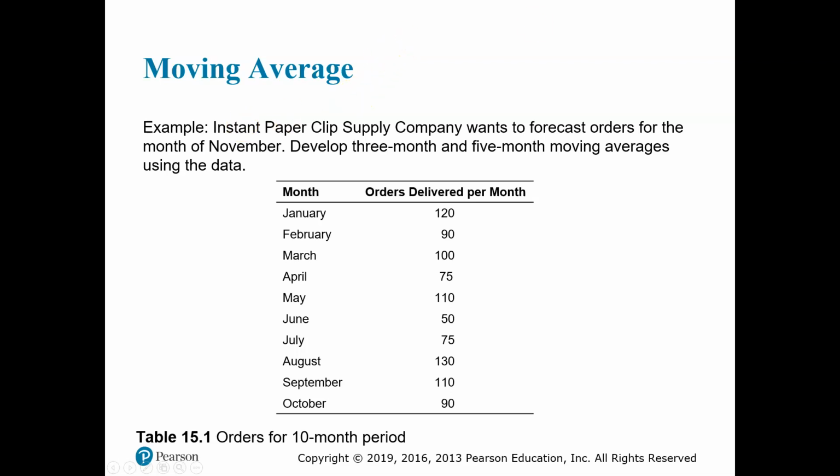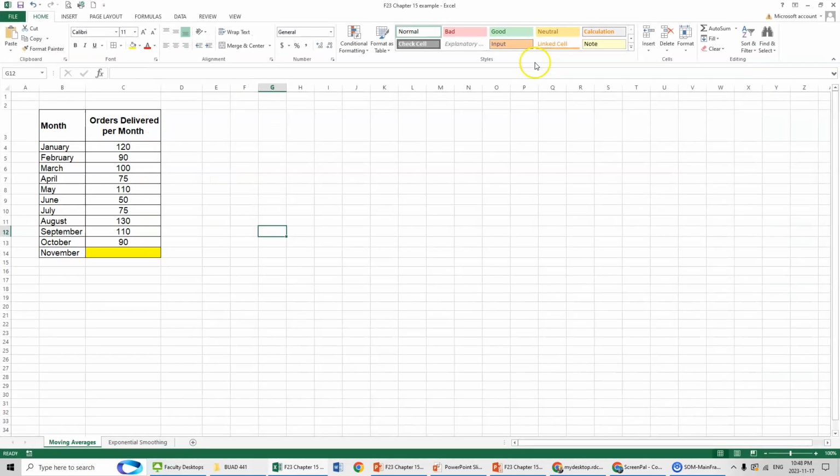So let's go into Excel, where we have this data here. And we're going to develop a 3-month moving average. Let's just put that here: moving average 3 months, and then a moving average 5 months as well.